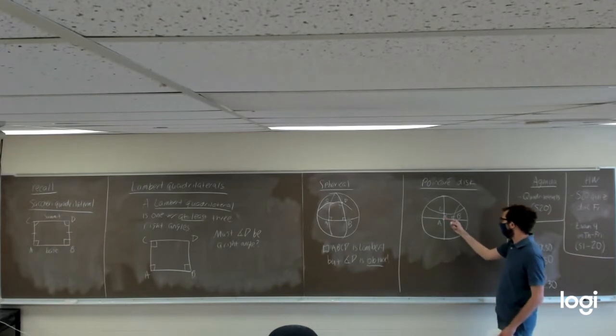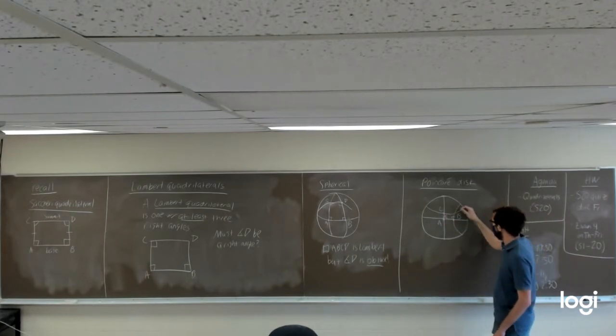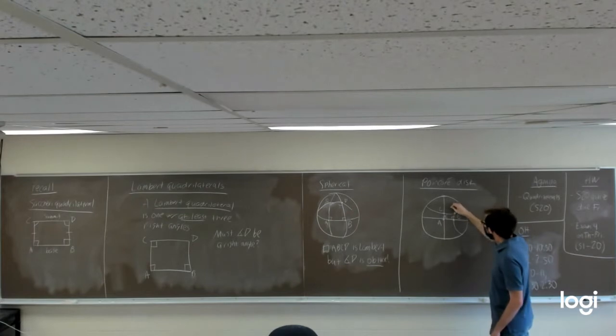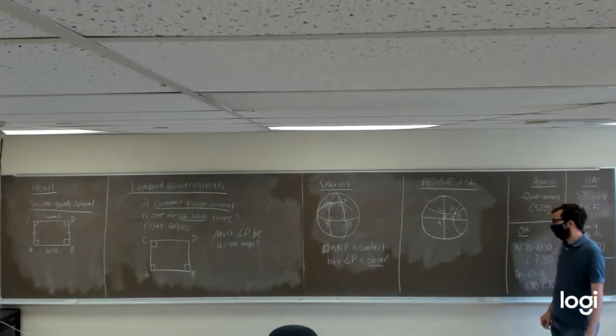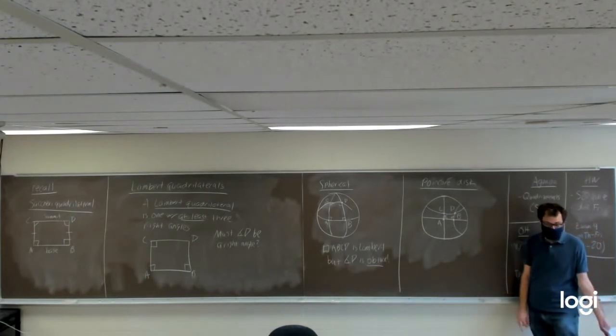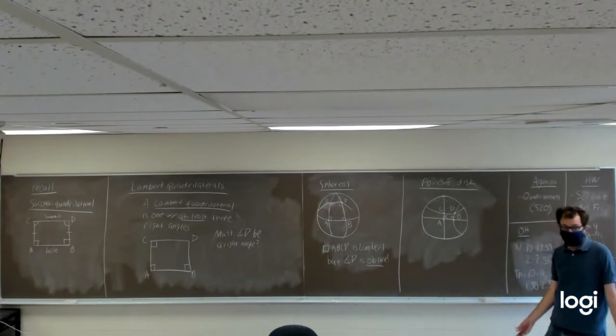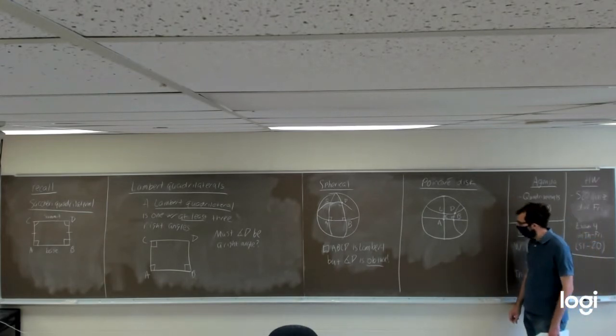So at A we have a right angle, at B we have a right angle, at C we have a right angle. And this will be our fourth angle at our fourth vertex of the quadrilateral at point D.